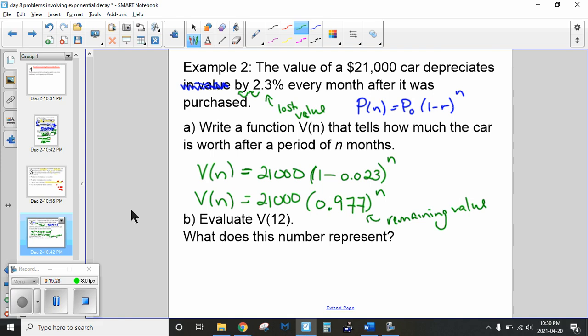Okay, part B, evaluate V at 12. So n in the brackets, that was the number of months. So we're doing 12 months, it looks like. And we'll replace the exponent with a 12.